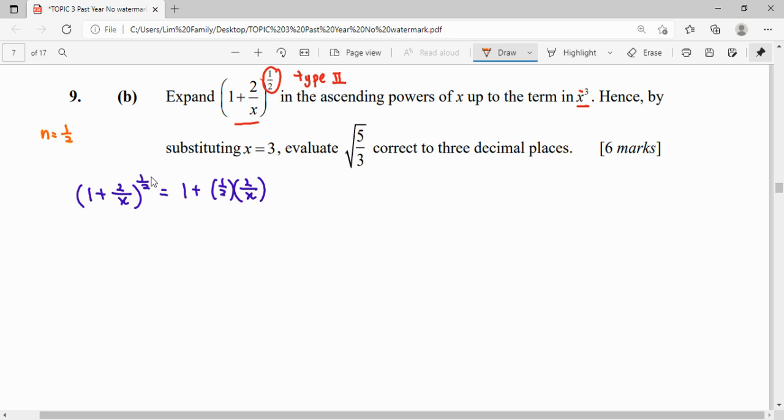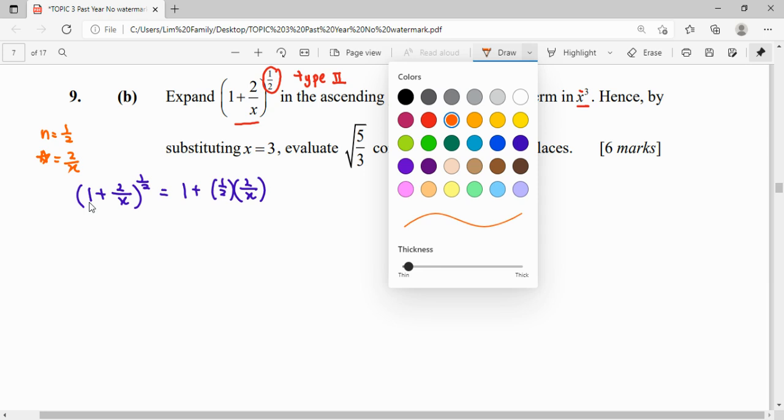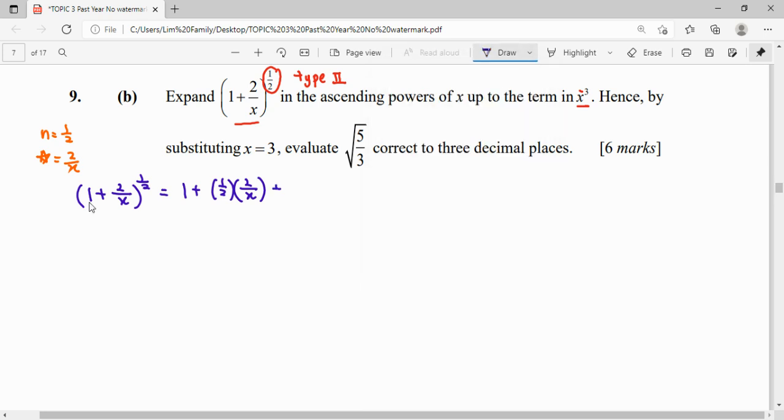Our n is 1 over 2 and the thing we want to expand is 2 over x. And the condition at the front must be equal to 1. So we'll use this information to expand. Continue. Our next term will become n minus 1 divided by 2 factorial, and then the thing we want to expand is 2 over x squared.